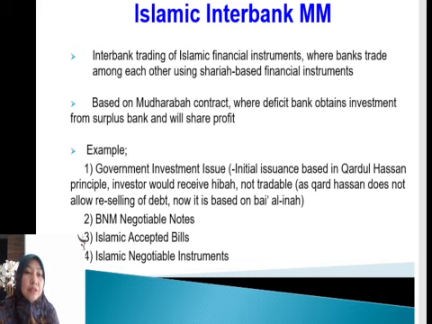They also invest at Islamic banks and other banks. They offer negotiable notes. Then Islamic accepted bills, Islamic negotiable instruments. These are kinds of investment: Islamic interbank investment, either from the government, from the Central Bank of Malaysia, and also among the banks.